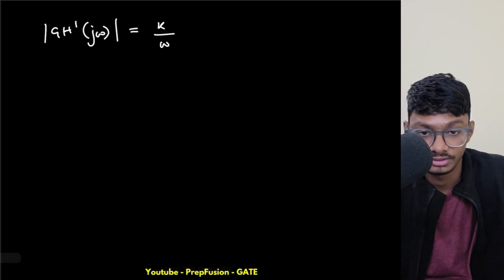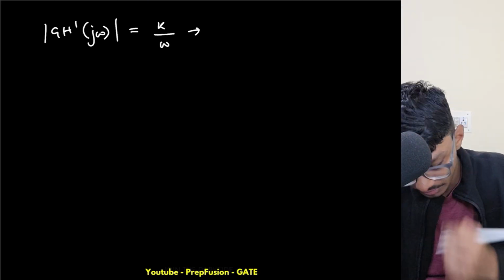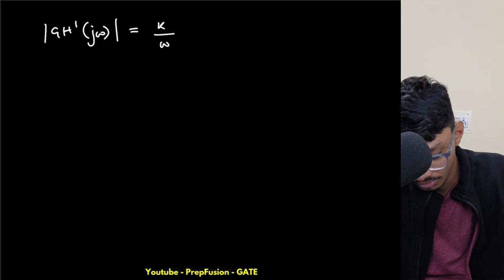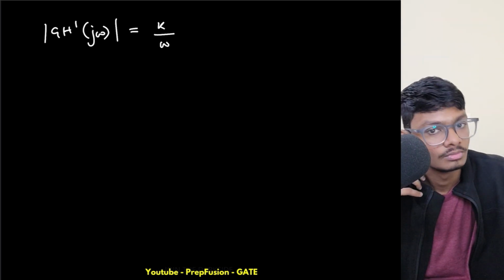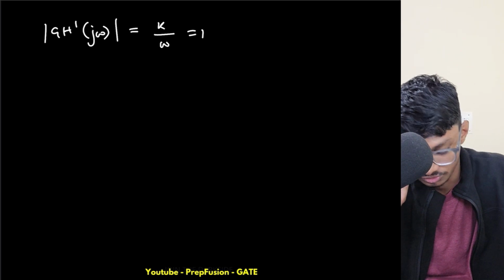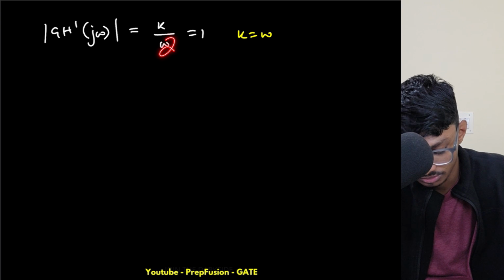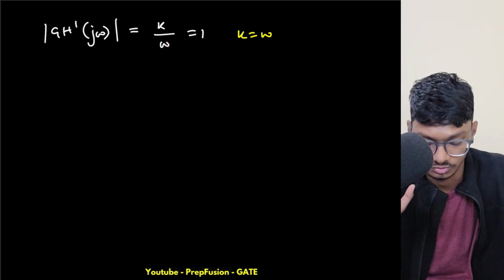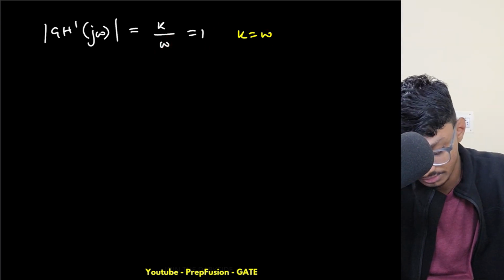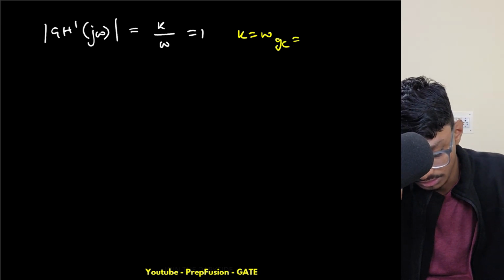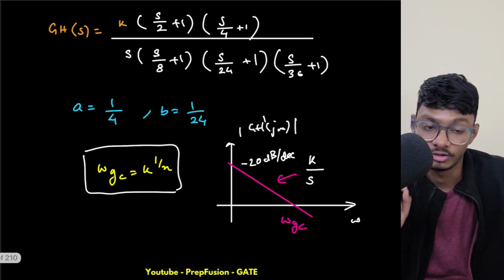Now what is the unity gain frequency? It is basically where the gain equals 1, so K will be equal to omega itself. If this was, let's say, square, this will be omega square. Whatever you choose, K is omega, and omega GC is given, it is 8 radian per second. So our value of K will be 8.